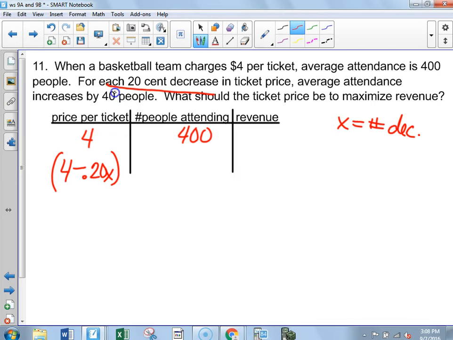And every time they knock it down, 40 more people will come. So this is going to be 400 plus 40 per decrease. Do you understand where those numbers are coming from? Because it's not just going down $1. They're putting it down by 20 cents. That's where the 0.20x comes from, and increasing by 40 people. So 400 plus 40x. And then you multiply those together and find the maximum.